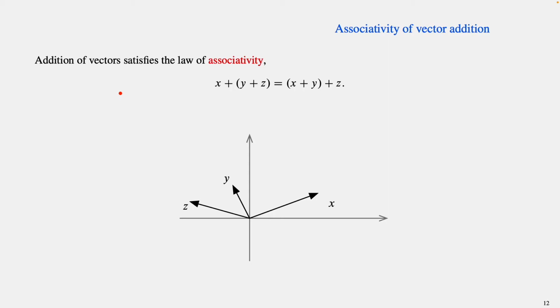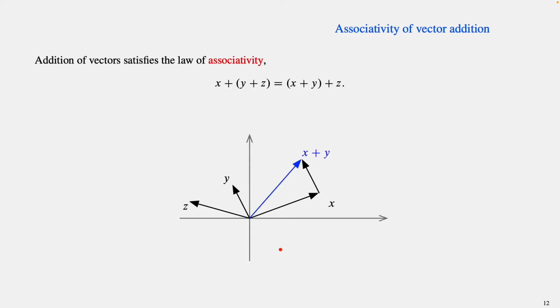And vector addition is also associative, essentially because the addition of the individual components in the vector is associative. Geometrically, we can visualize this as follows. We have 3 vectors here, x, y, z.